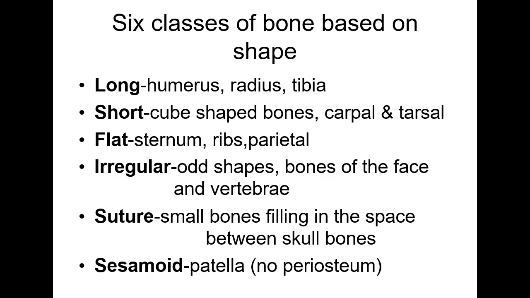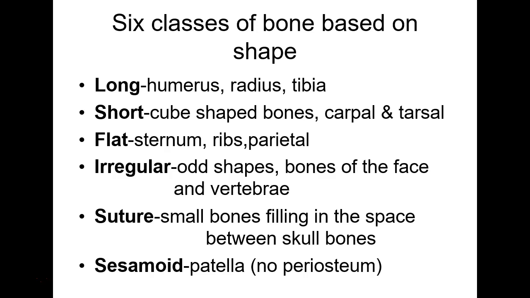We'll do this, and then we'll take a little break and start another lecture, another whole video. So, six classes of bone based on shape: long, short, flat, irregular, sutural bones (they're trying to get rid of that one, by the way), and sesamoid bones.